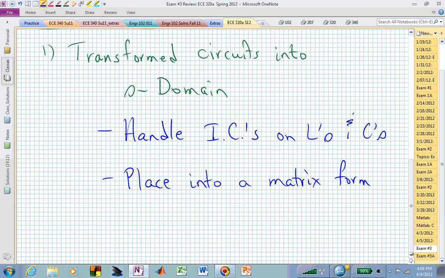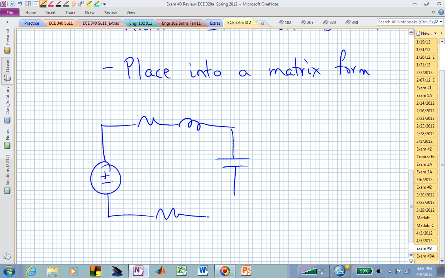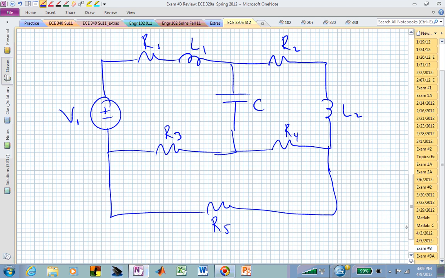If you were writing a lot of mesh equations, you now have these impedances times the currents, meaning if I give you something that looks like this, which is dangerous when I'm making something up on the fly, you should be able to put that into a matrix form.